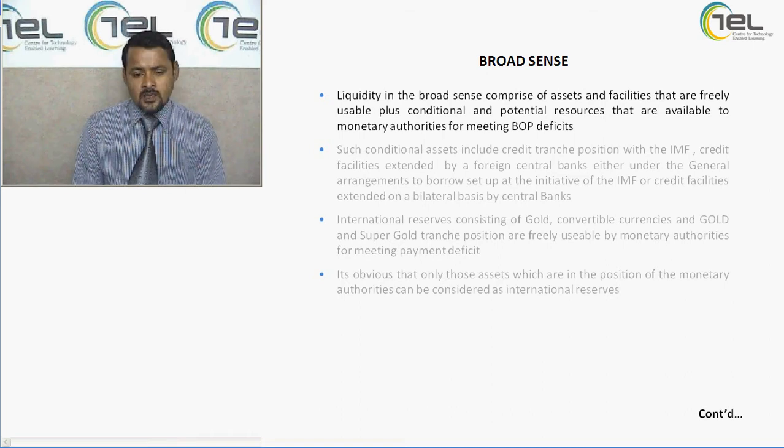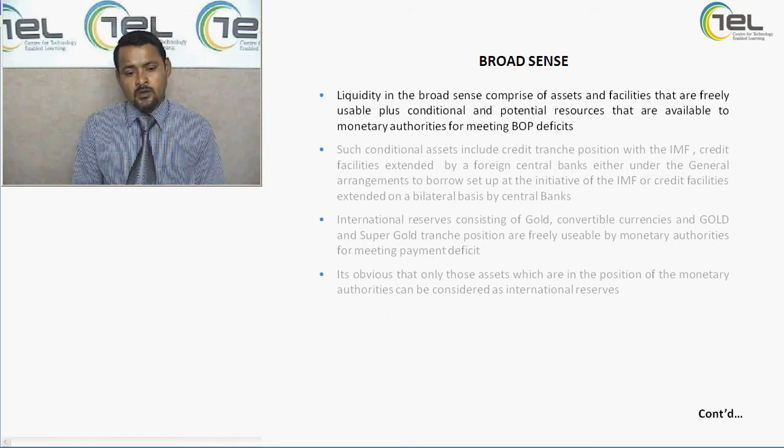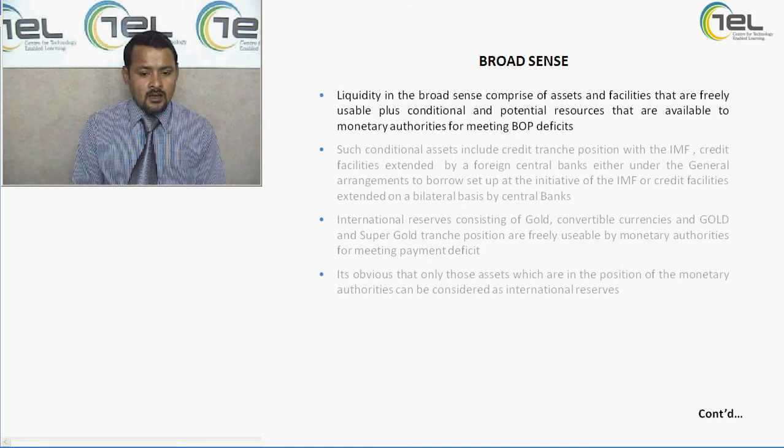So it's not only the assets that have been created in the bygone days out of the reserves created from trade, but also conditional assets and potential assets which can be converted as and when they are required. Suppose a guarantee held by MIGA in the World Bank, it's also going to give you a potential resource which can be of a large amount.